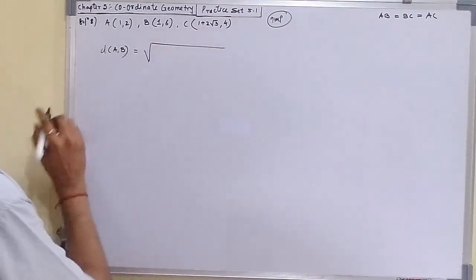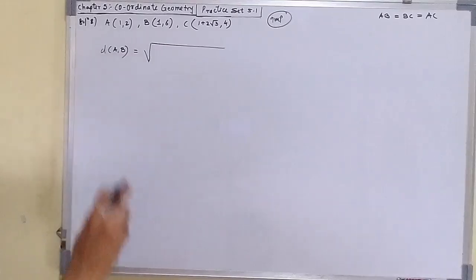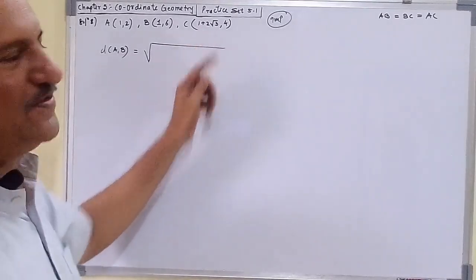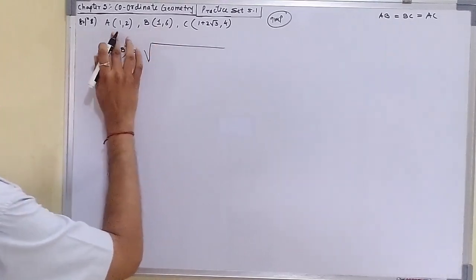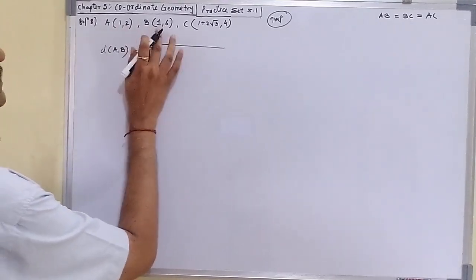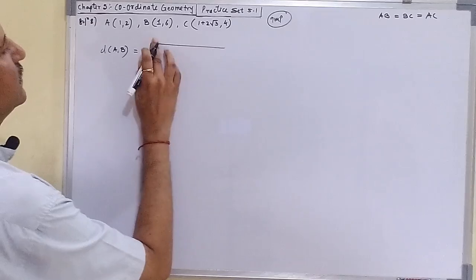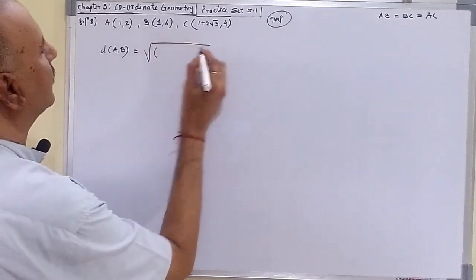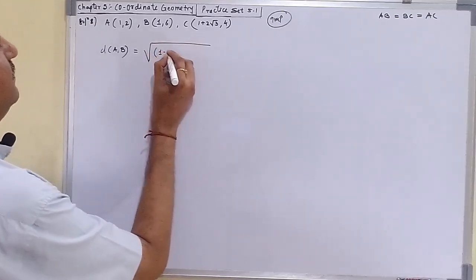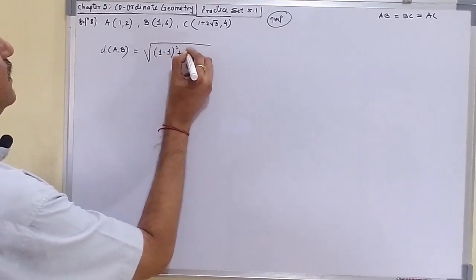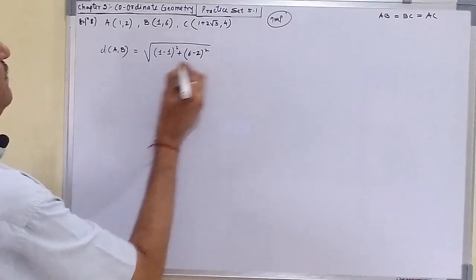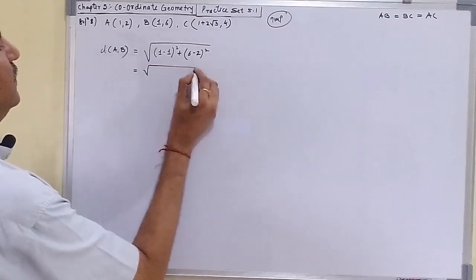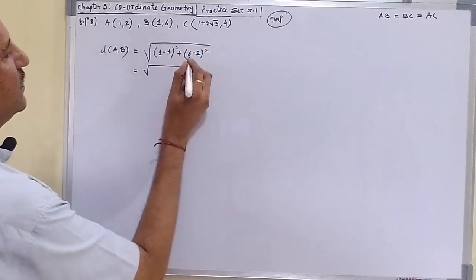It is important because of the x coordinate of C. Now I take x1 y1 x2 y2. So this is x2 minus x1, 1 minus 1 the whole square, plus 6 minus 2 the whole square. So this will be 0 plus 4 square.